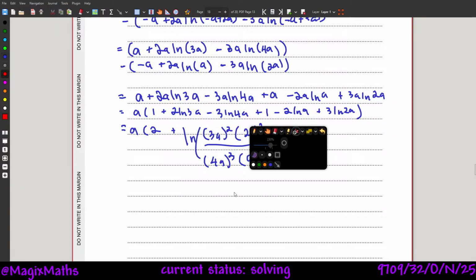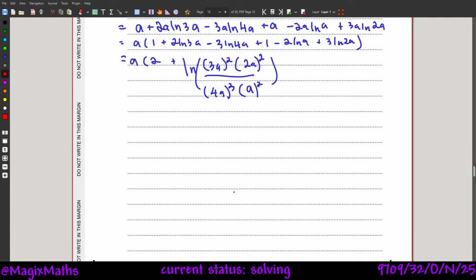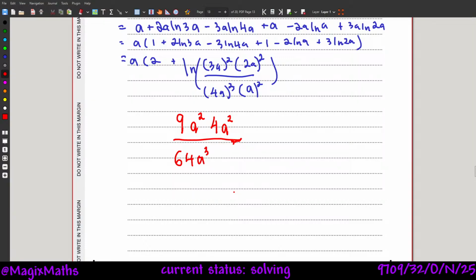And then we're gonna have to work that out to simplify. So 3 squared is 9, so it's 9a squared times 4a squared divided by 4 to the power of 3, we will have 64 a cubed. Oh, so this is a cube, right?